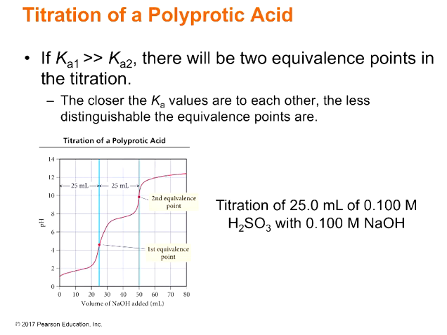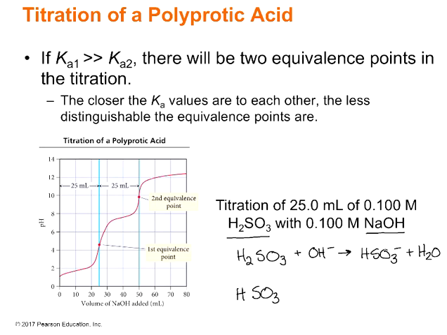So for instance, if we titrate H2SO3, which is a weak acid, with sodium hydroxide, again, initially we'll lose one hydrogen, and then in the next step, we will lose the second hydrogen.